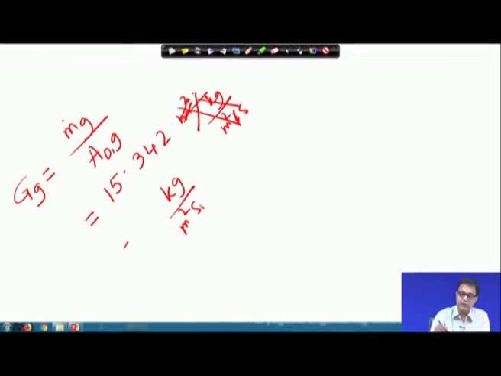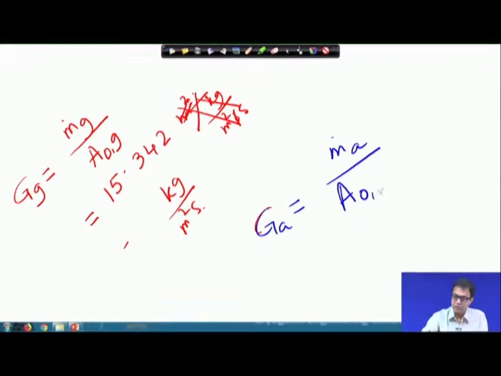Similarly, we can also calculate the mass velocity for the air, which will come out as m dot divided by A_o. Both the parameters are known already.